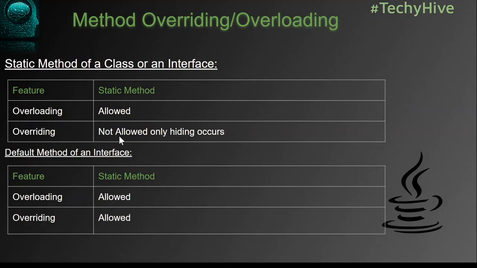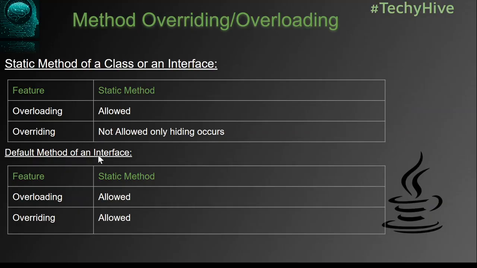Dynamic polymorphism is not allowed in the case of static methods. And the reason behind this is that static methods are defined at class level. They are not at object level. And overriding or dynamic polymorphism happens at object level. That's why we cannot override static methods of a class or interface.